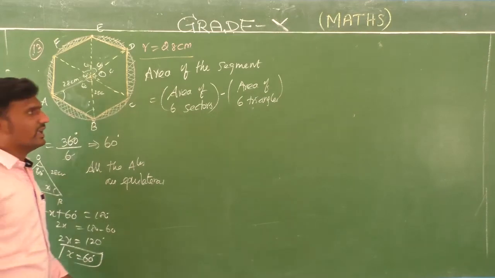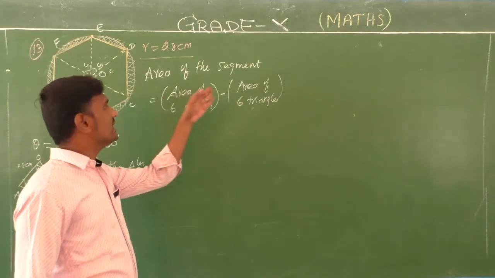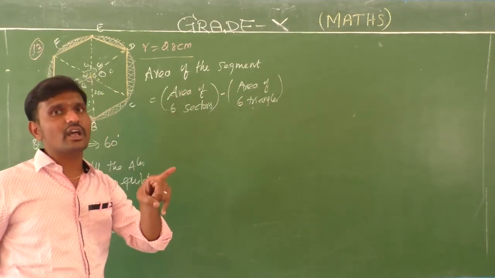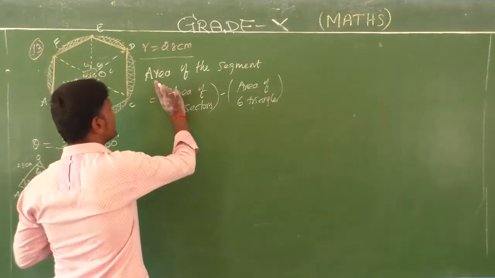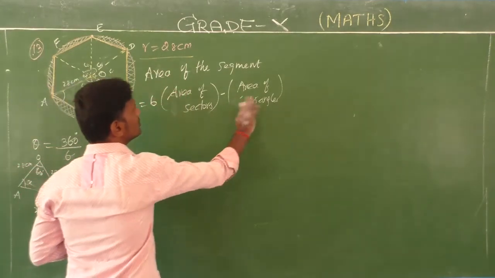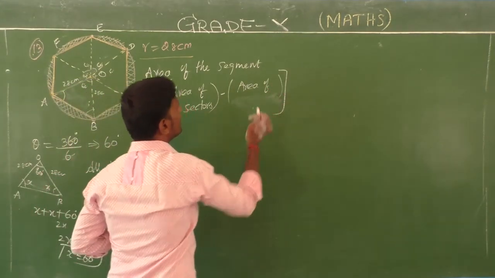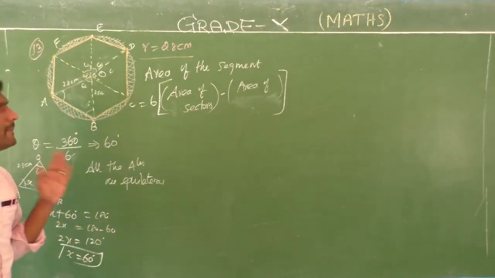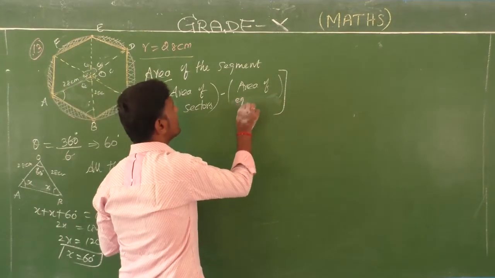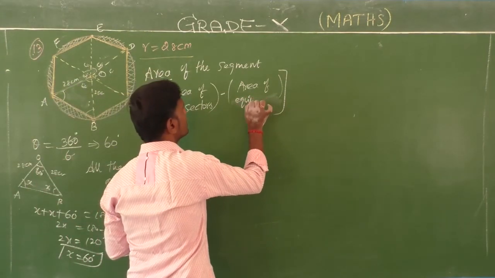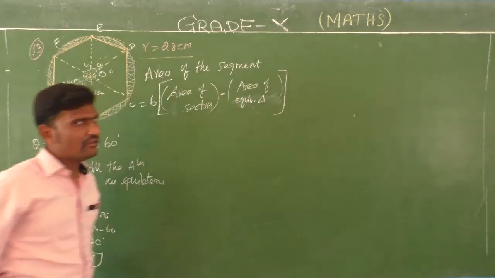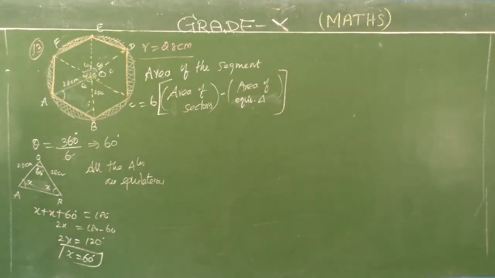Yes, students. Now the area of the segments is equal to the area of 6 sectors, or 6 into the area of the sector, minus the area of the equilateral triangle. Have you got it, children? Whatever you take is not a problem, but you need the correct concept.